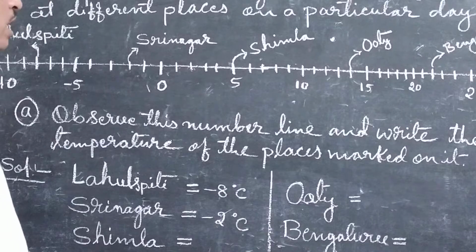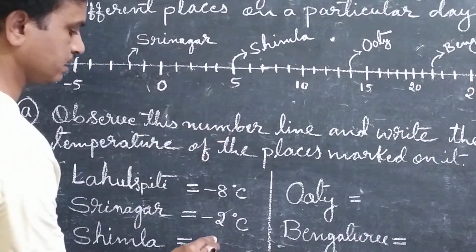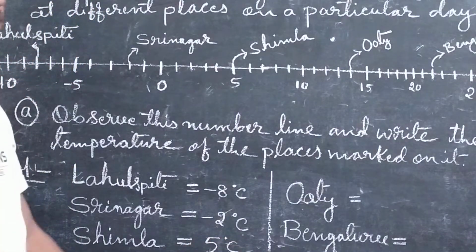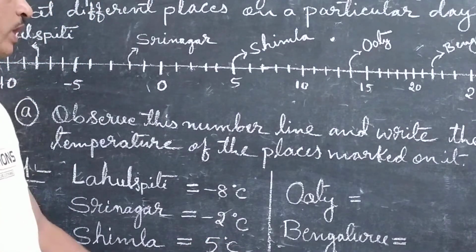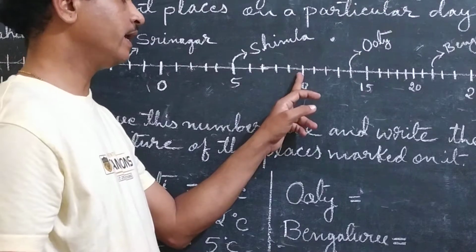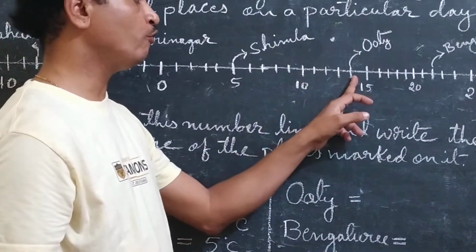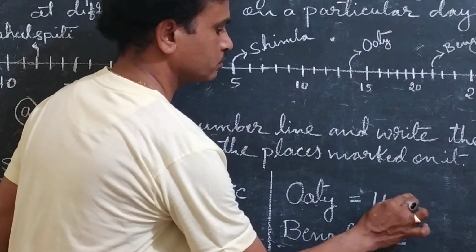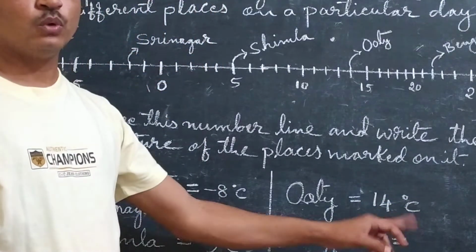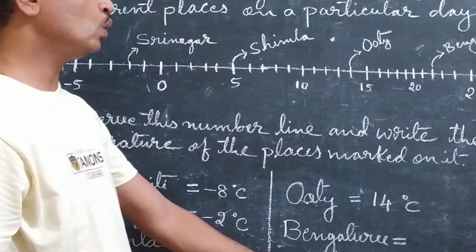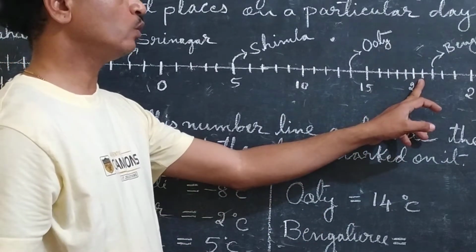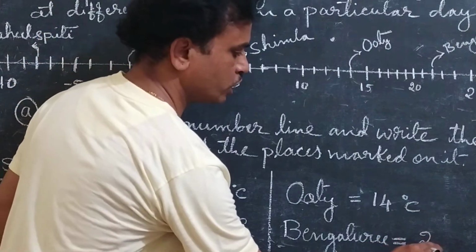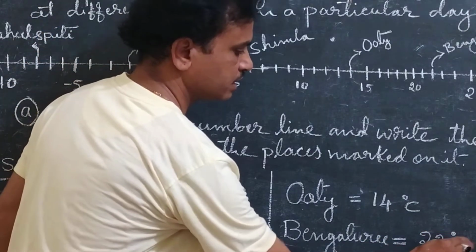Next Simla, 5 degrees Celsius. Then Ooty: 10, 11, 12, 13, 14, so 14 degrees Celsius. Then Bengaluru: after 20, 21, then 22, so 22 degrees Celsius.